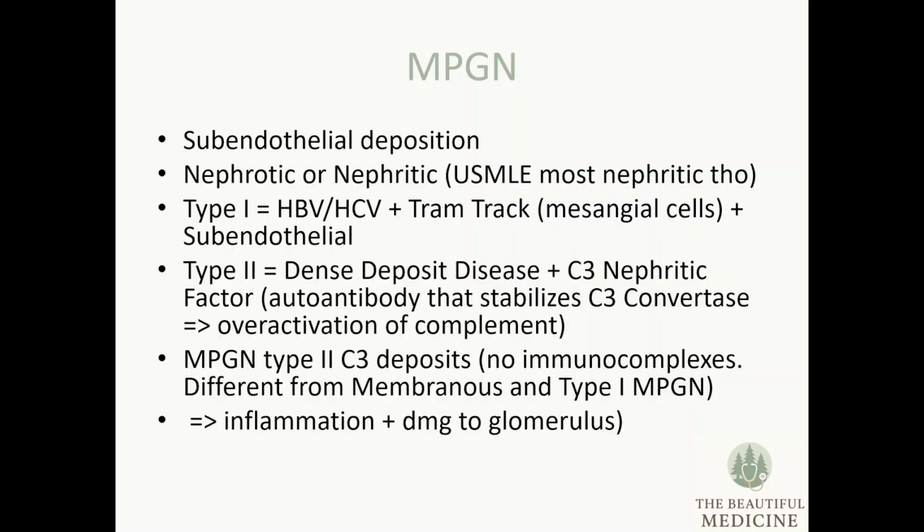And in type 2, it's a complement deposit. It's not antigen plus antibody, so it's a little bit different. In this case, the problem is you have antibodies that stabilize the C3 convertase, and the C3 convertase will produce more complement.